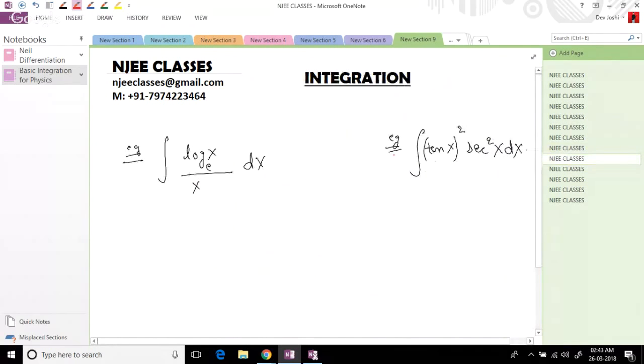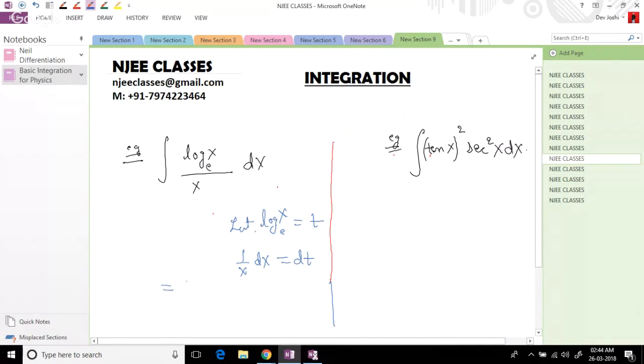Next. Integral of log x on the base e upon x. So in this case, what will we do? See, if I take my function to be log x on the base e, then what is the differentiation of log x on the base e? That is simply 1 by x dx, right? So let us suppose that log x on the base e is going to be my t. Differentiate that function. So 1 by x dx is going to be equal to dt. Now put in all the values.